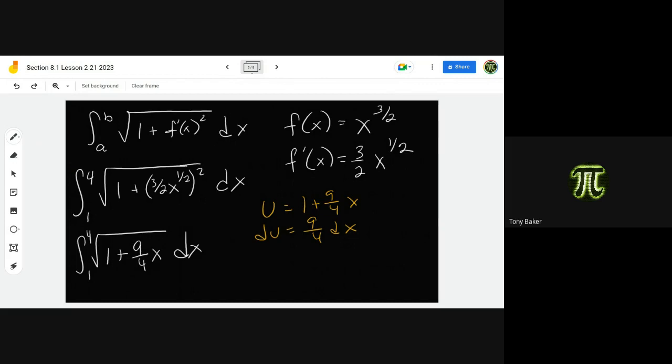So as long as my u substitution doesn't have an x left over in it, I can do it. In this situation, I don't have any x's left over, so I can clean this up pretty easily. I'm going to move that 9/4 over, so I have 4/9 du equals dx.